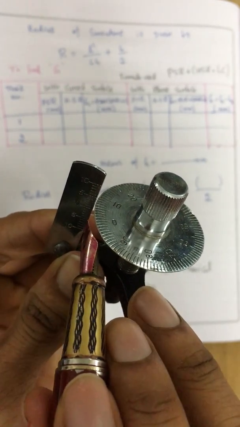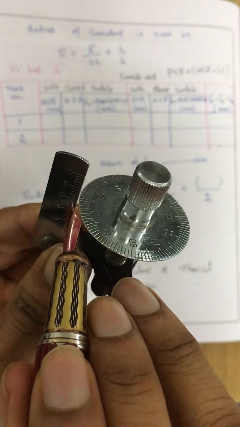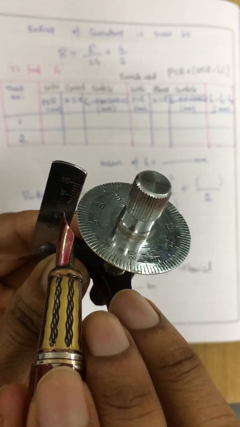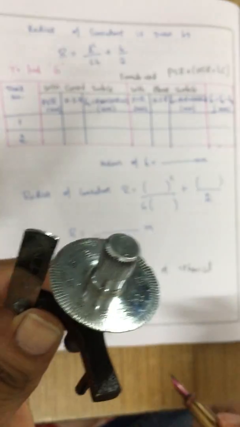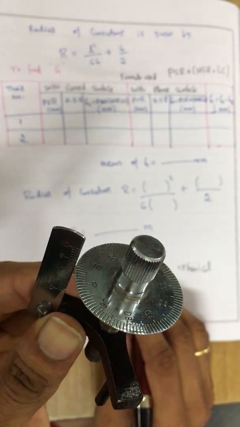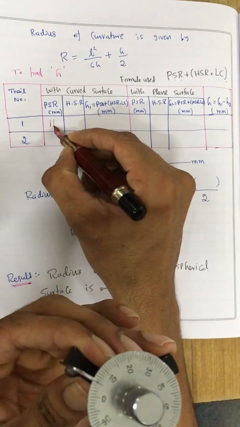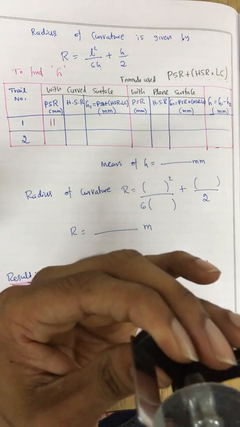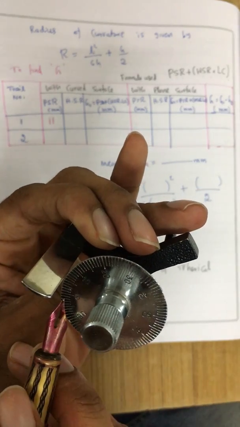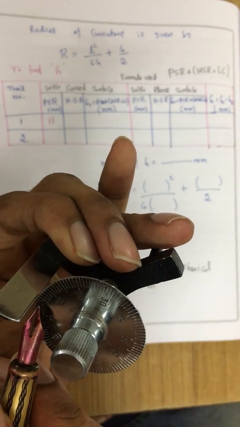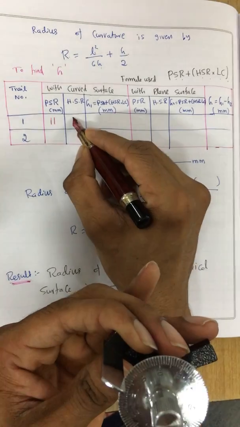Now the circular scale is over here: 0, 5, 10, 11, in between 11 and 12. So the minimum value is 11. Now HSR is a direct value. It is between 4 and 5, so the minimum value is 4.